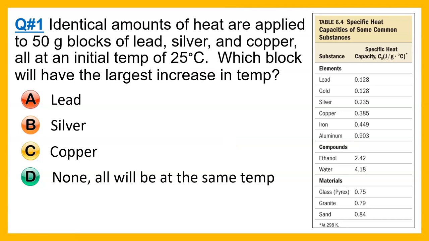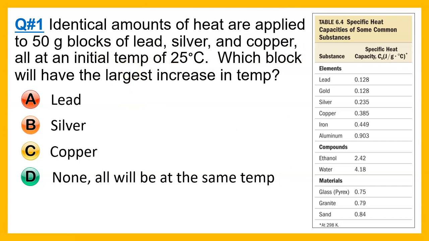So, question number 1. I love this question because it requires you not to do a calculation, but instead to think about what specific heat really means. We give identical amounts of heat to 50-gram blocks of various materials. They all start at 25.